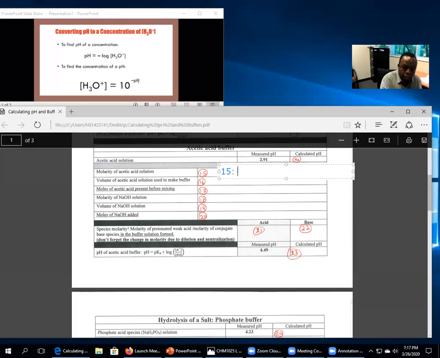On 15, how did we prepare, or what is the molarity of the acetic acid? You got to read that from the procedure.